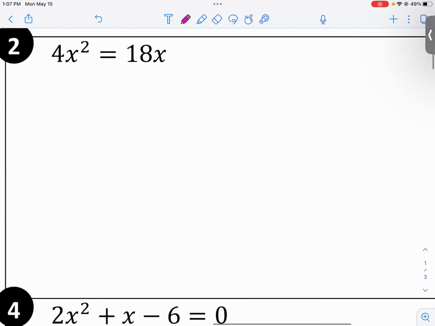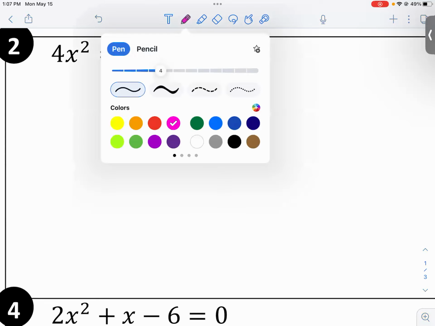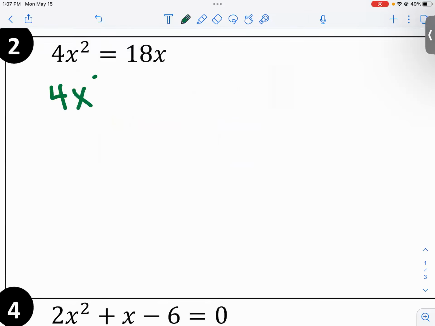First of all, is this ready to be solved? No. Subtract the 18x over. Now it's equal to 0. Do we need to jump right to quadratic formula?